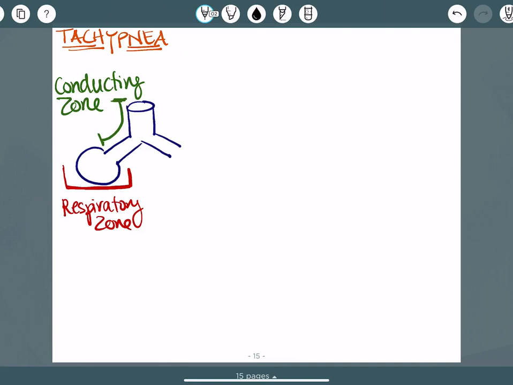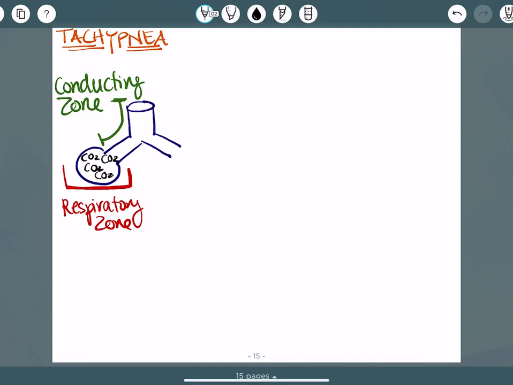But at the same time, the carbon dioxide that was produced in the body leaves the blood, and we actually fill our respiratory zone with that old carbon dioxide that we're going to need to exhale out.